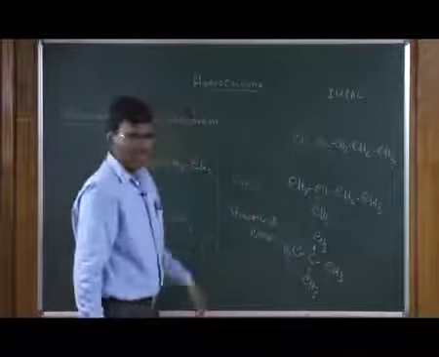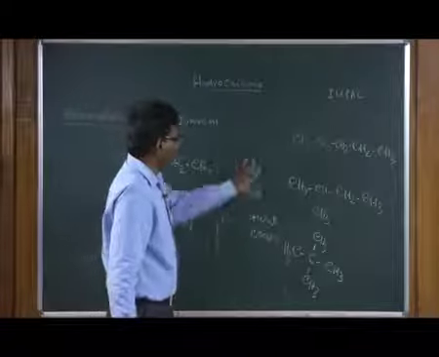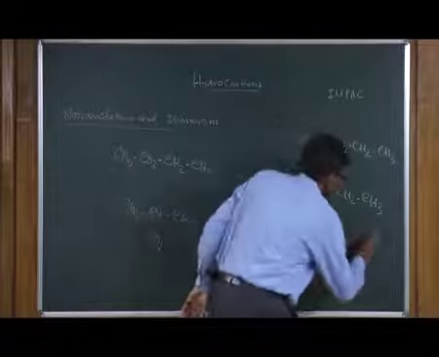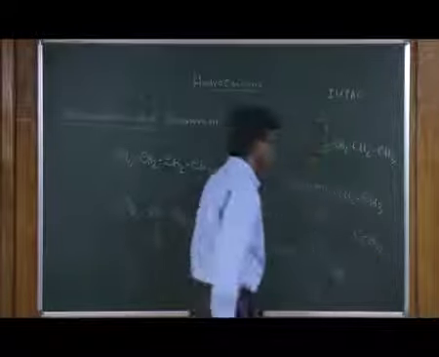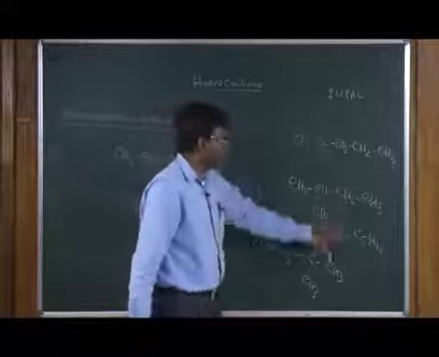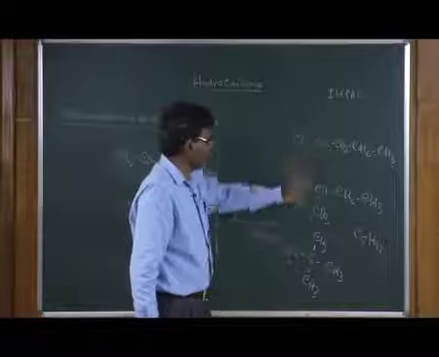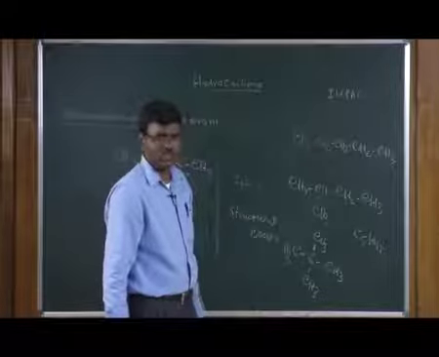They have different physical properties, and these are called structural isomers. They have the same molecular formula, C5H12, all have C5H12, but they have different structures. The relationship between them is structural isomers.